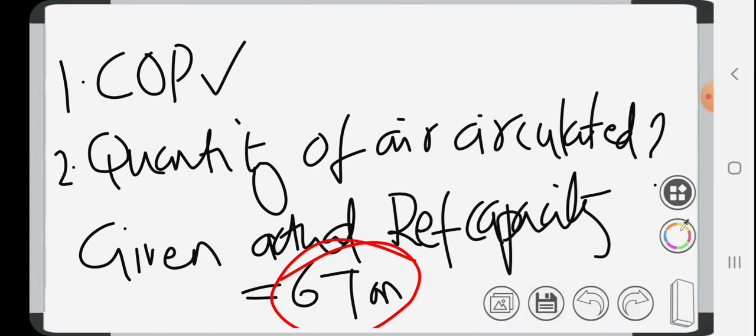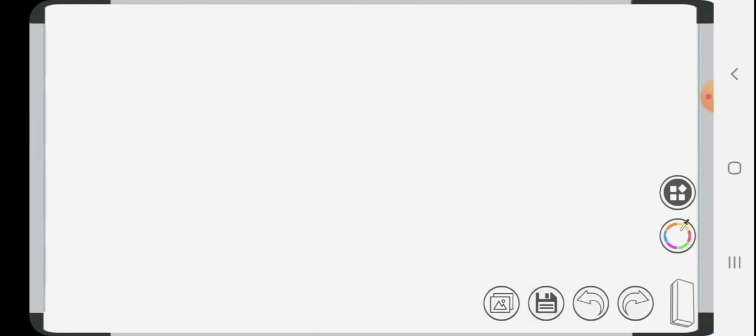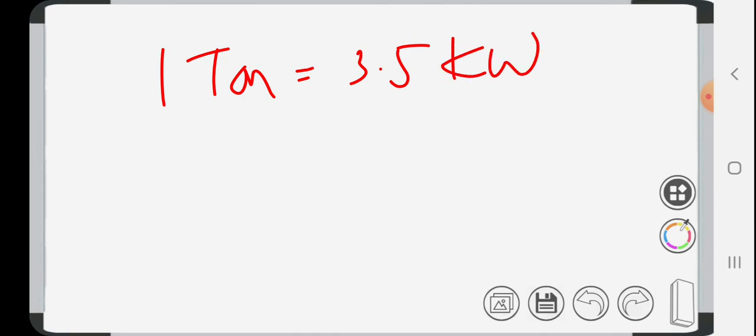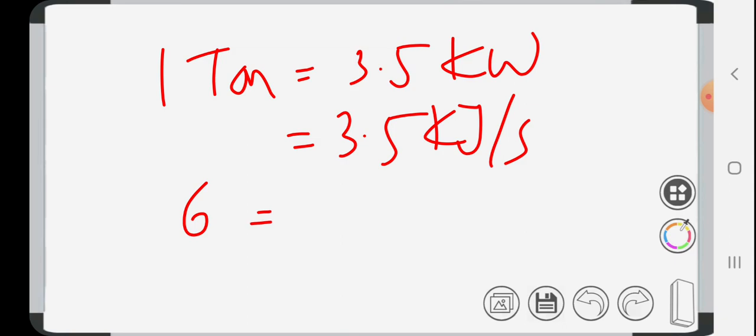So this 6 tons should be converted into our standard kilowatts. How to convert it into kilowatts? I have already taught you. 1 ton equals 3.5 kilowatts or 3.5 kilojoule per second. So 6 ton is 3.5 into 6.